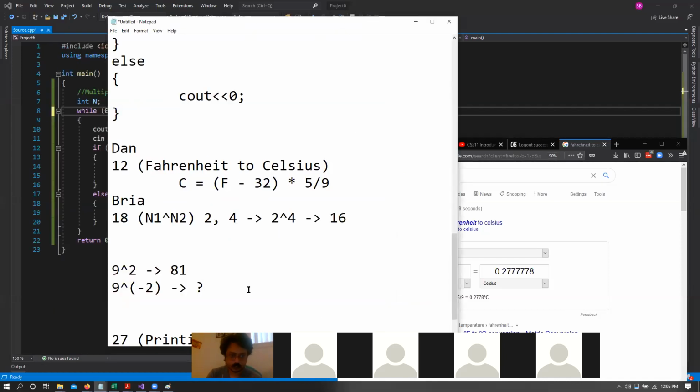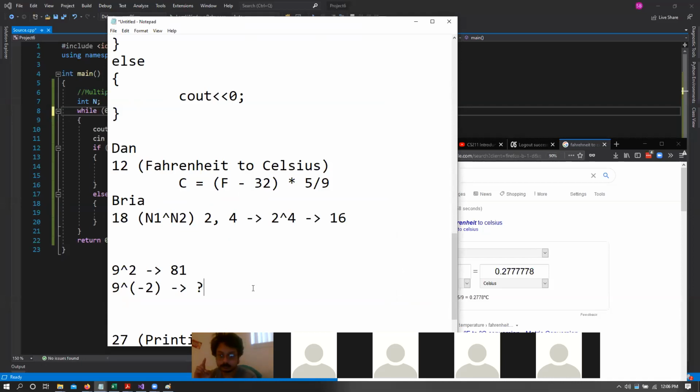Is this 0.333? No, just 3. So 9 to the power of 2, that is 81. So Josh, what is 9 to the power of minus 2? 9 to the power of minus 2 essentially means find the square root of 9. It is not 1 over 81.